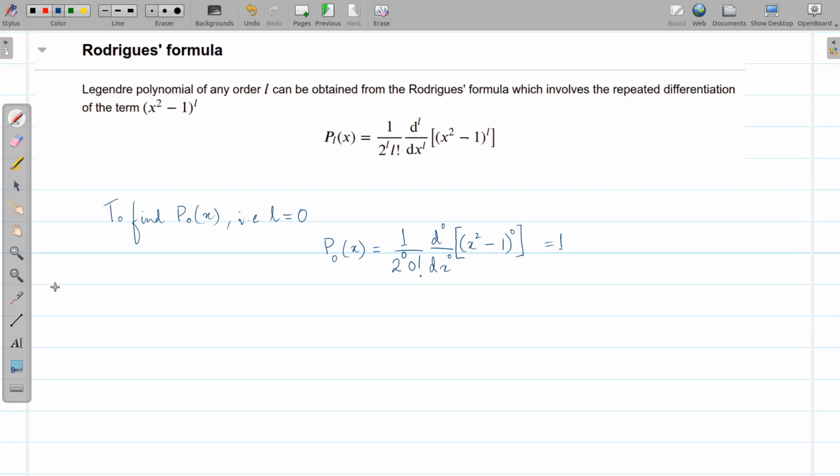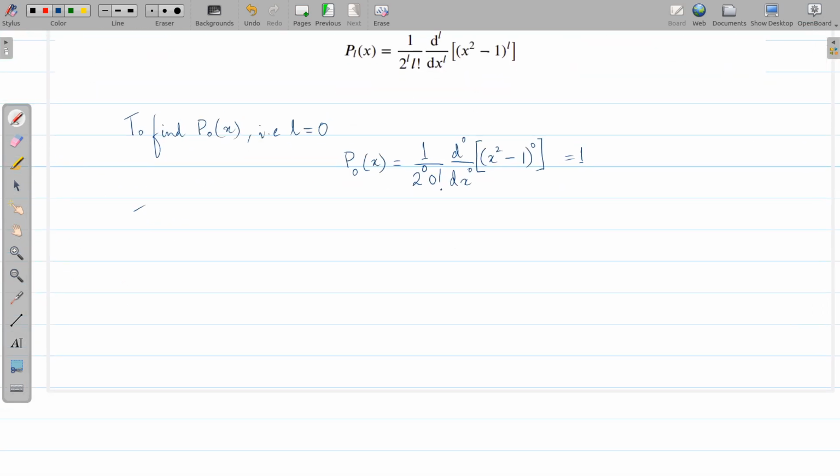Let's try P1 of x. To find P1 of x, that is for L equals 1, we have 1 by 2 to the power 1 into 1 factorial into d to the power 1, that is d by dx only, of (x square minus 1) to the power 1.